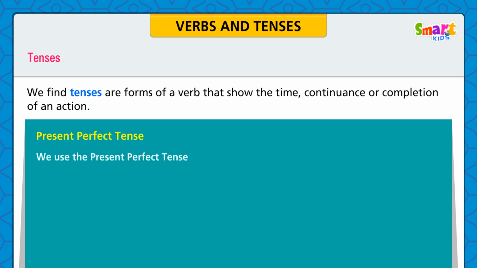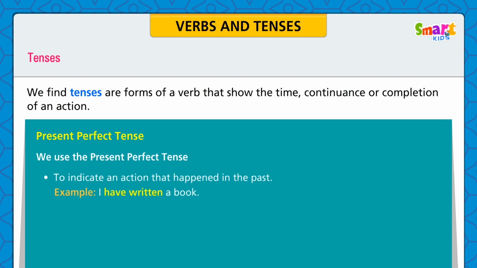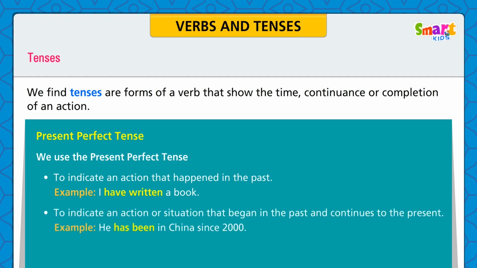We use the present perfect tense to indicate an action that happened in the past. For example, I have written a book. To indicate an action or situation that began in the past and continues to the present. For example, he has been in China since 2000.